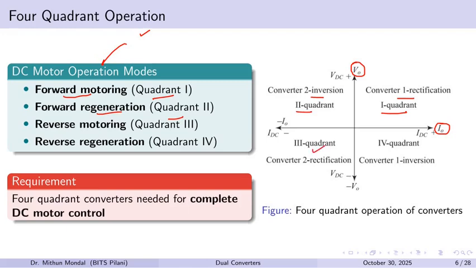In the third quadrant, it operates as reverse motoring, so again rectification. And in the fourth quadrant, you have reverse regeneration, so again inversion. So these are the four quadrant operations of the converter. The four quadrant converter is required for complete DC motor control. So whenever you require DC motor control, you go with the four quadrant operation of the converter.